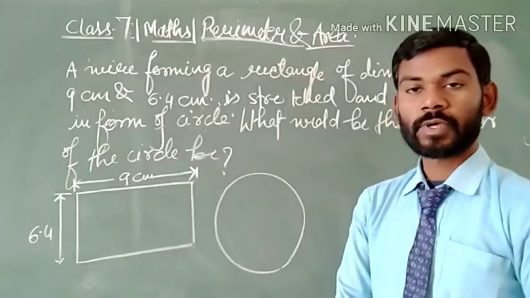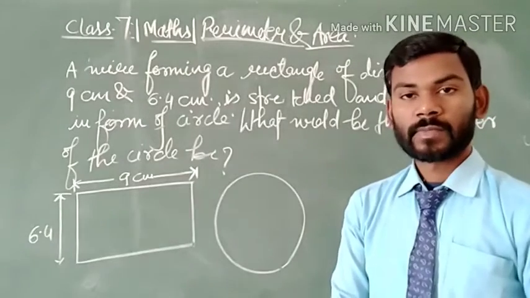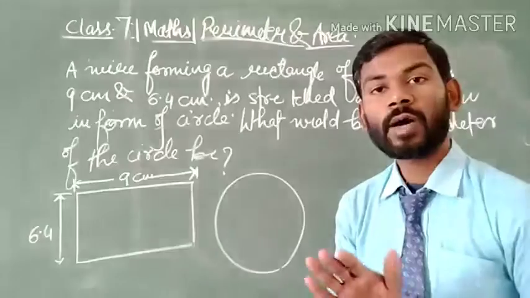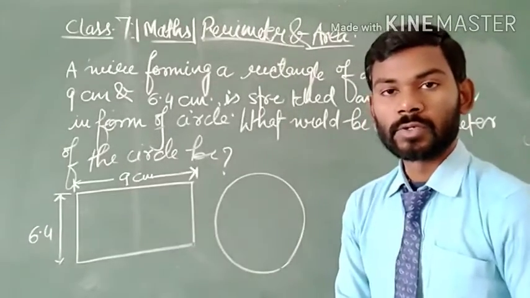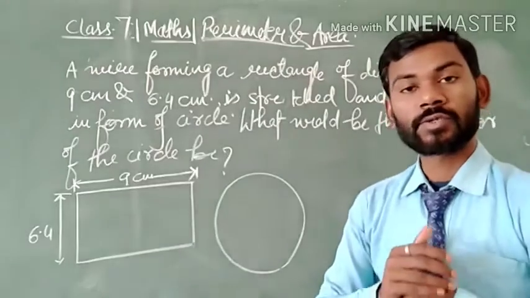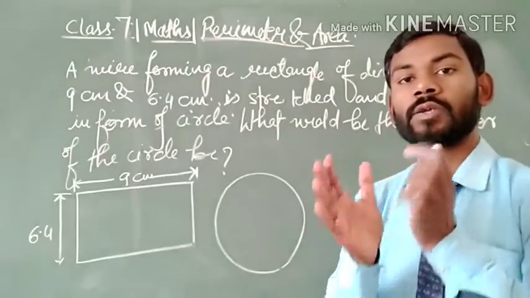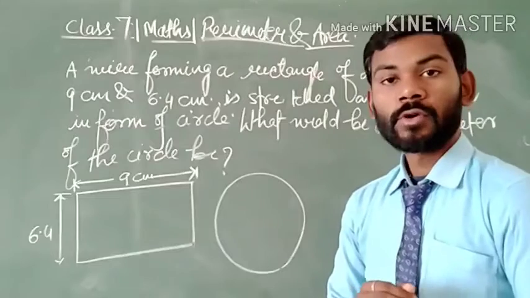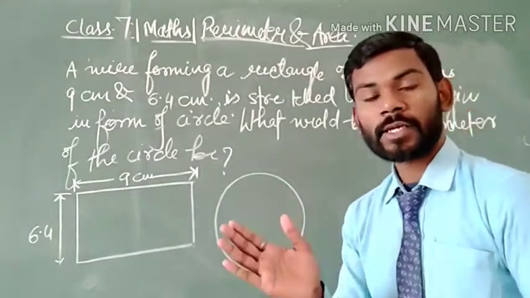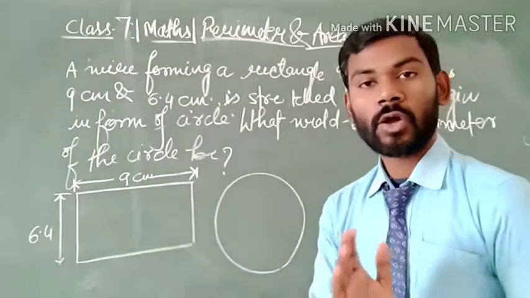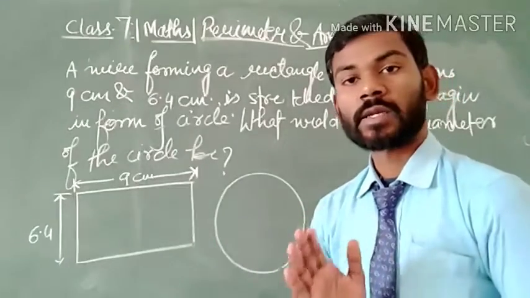Then your answer will be clear that no, because the same wire is used to form the circle again. So there is no chance to change the length of the wire, which means that the perimeter of rectangle and the perimeter of circle will remain the same.